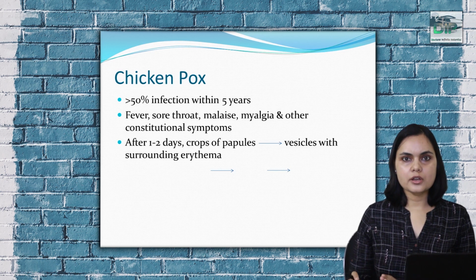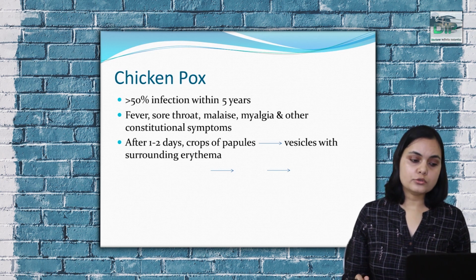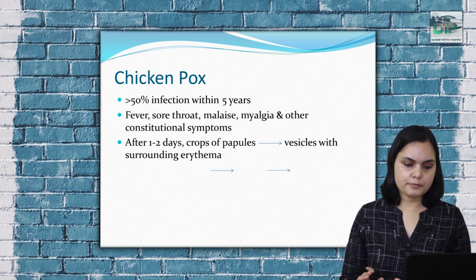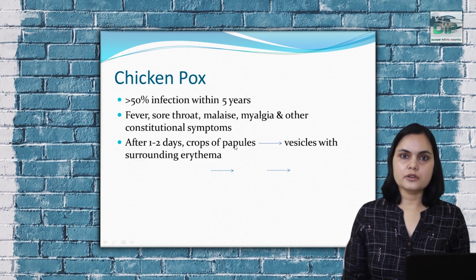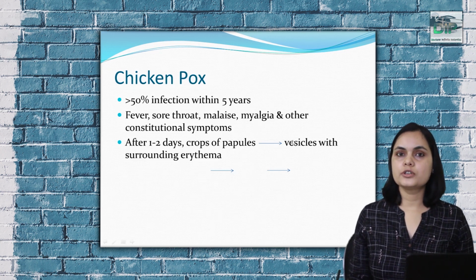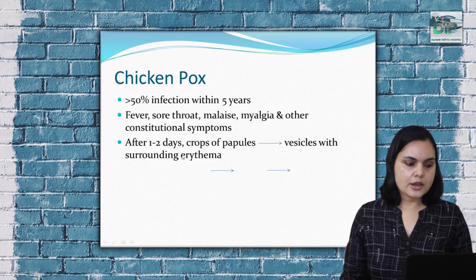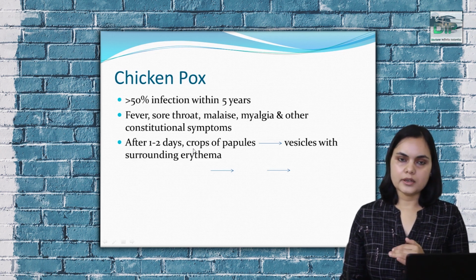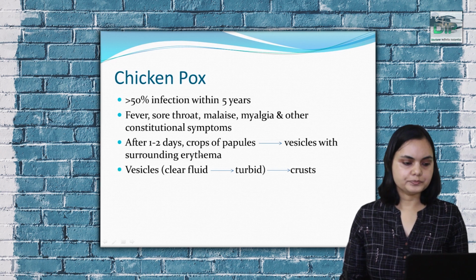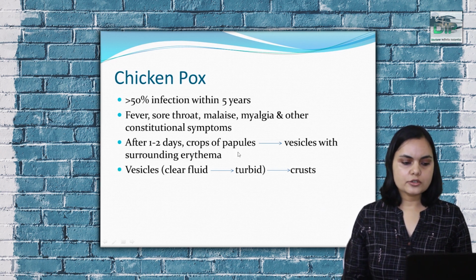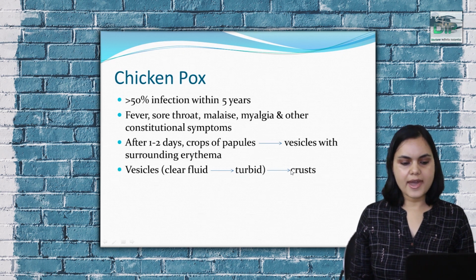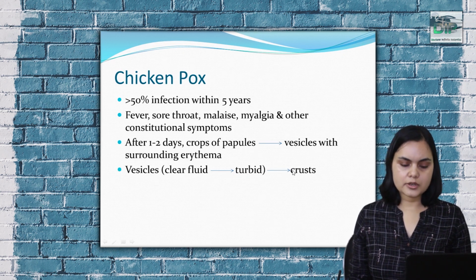One to 2 days after the constitutional symptoms appear, crops of papules appear. These soon turn into vesicles surrounded by a rim of erythema. The vesicle is initially clear fluid filled, soon turns turbid, and after 1 to 2 days there will be crusting.